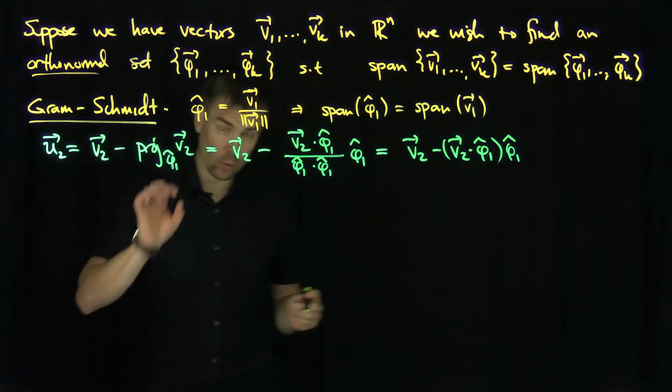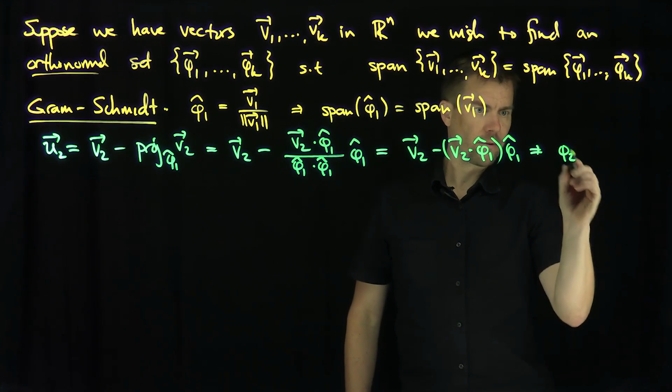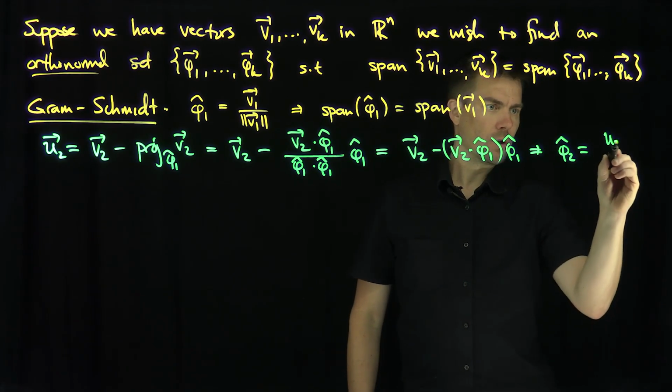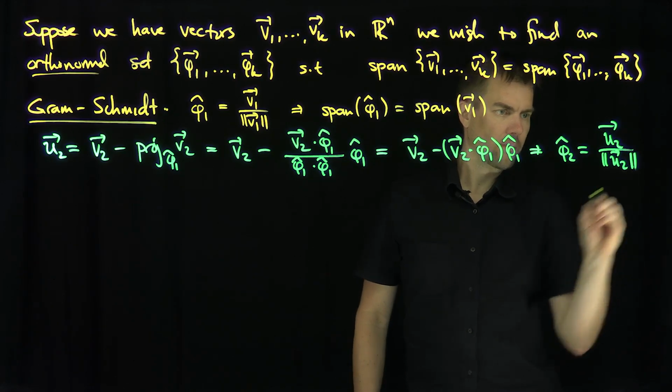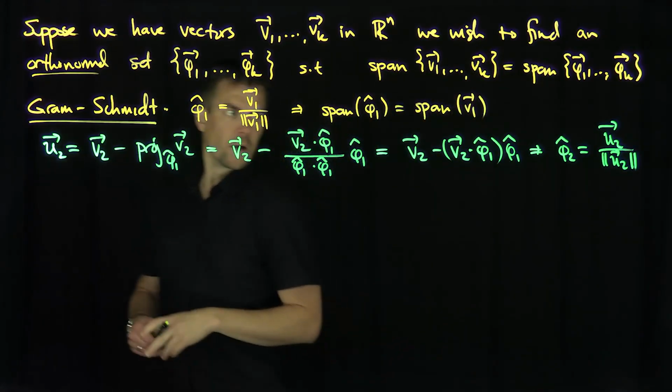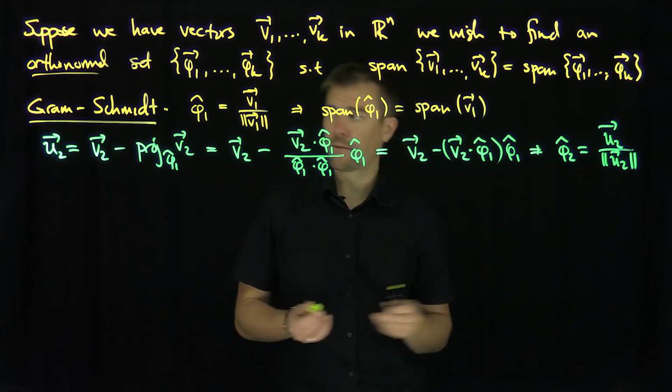That's my u2, right? And then I'm going to find phi 2 hat to be u2 over the length of u2. Okay? Beautiful. Now, because this vector might not be a unit vector, I just make it a unit vector. Easy enough, right?